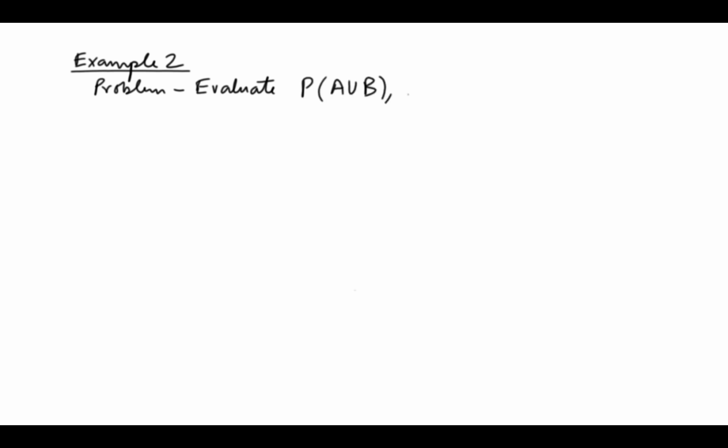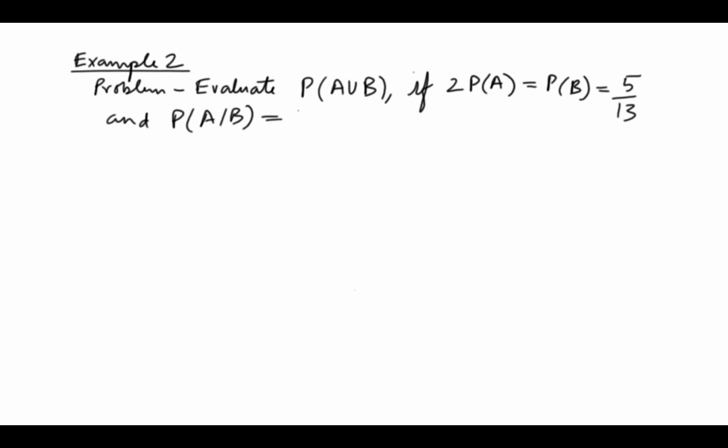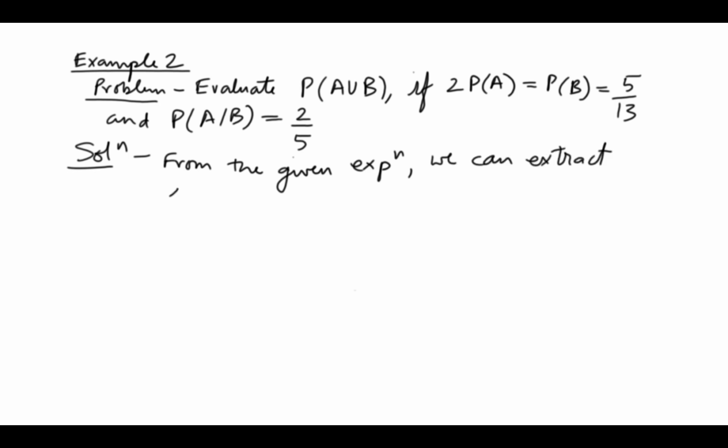We have to evaluate the probability of A union B. It is given that 2 times the probability of A equals the probability of B equals 5 by 13, and the probability of A given B is 2 by 5.